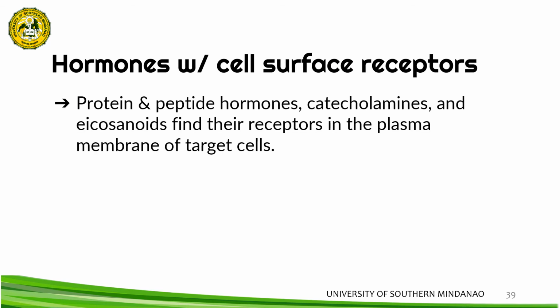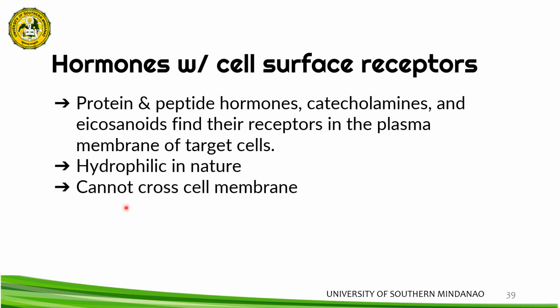So again, the protein and the peptide hormones, the catecholamines and the eicosanoids, they find their target receptors on the plasma membrane of the target cells. They are considered to be hydrophilic in nature, meaning that they are water-loving, and they cannot cross the cell membrane.